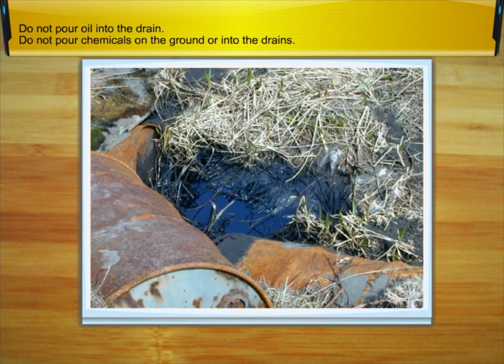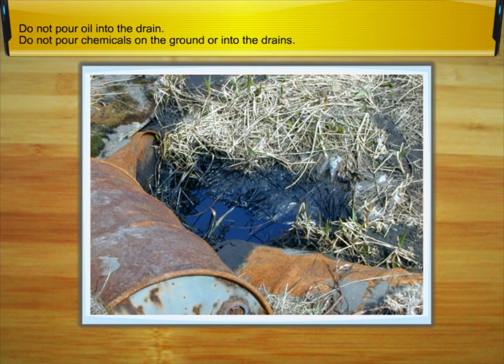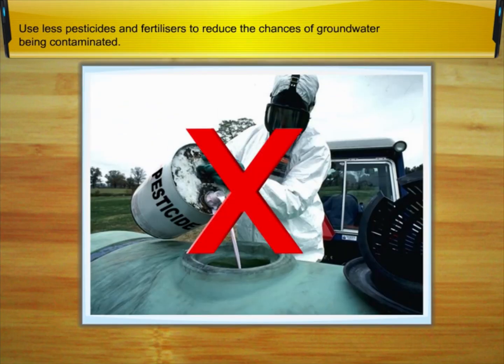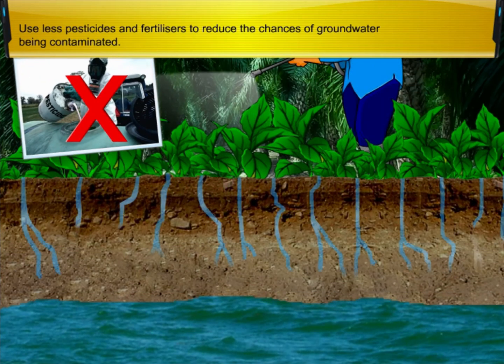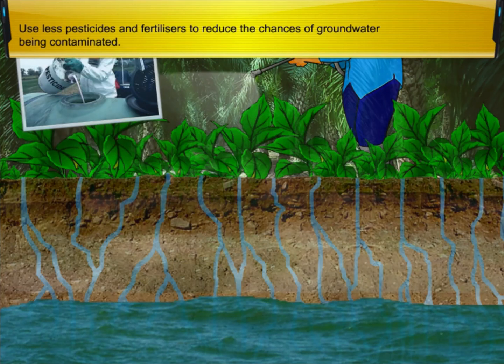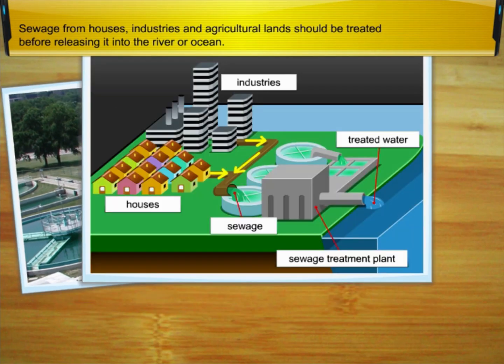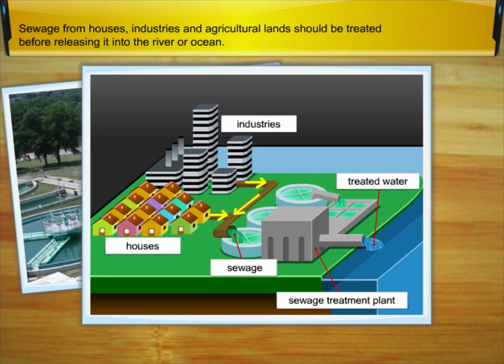Do not pour chemicals into the drains. Use fewer pesticides and fertilizers to reduce the chances of groundwater being contaminated. Sewage from homes, industries and agricultural lands should be treated before releasing it into the river or ocean.